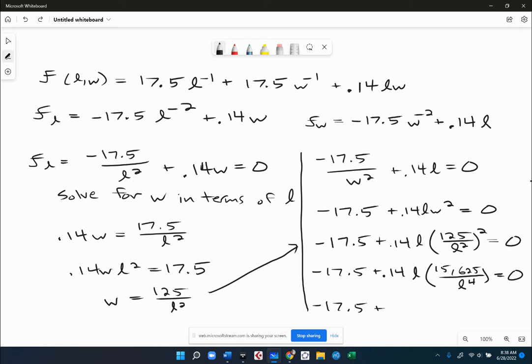It's 8 in the morning, okay, is 2187.5, over, we can cancel one of the factors of L, so we have an L cubed in the denominator. Okay, and we can solve that bad boy for L fairly easily.